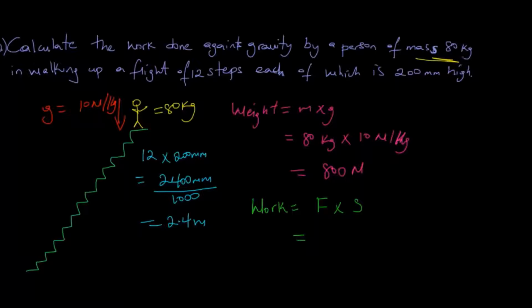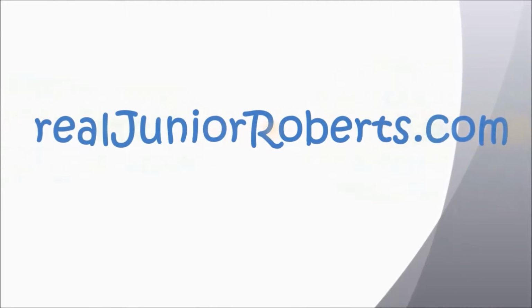So we have 800 newtons multiplied by 2.4 meters, which is the entire distance of the flight of steps in meters. So 800 multiplied by 2.4, and that works out to be 1,920 joules.